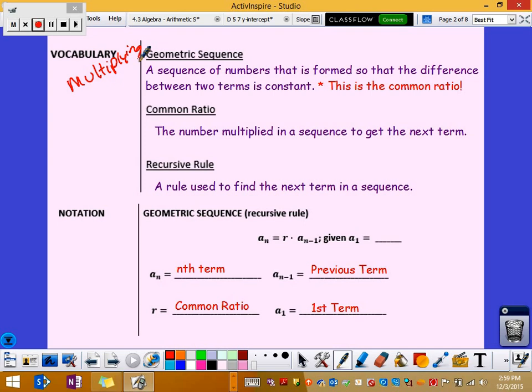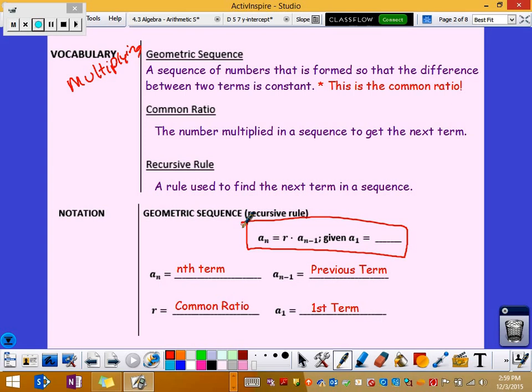So let's get down to the new notation for geometric sequences and the recursive rule. Here I've written in your notes what the recursive rule is. Just like the recursive rule in an arithmetic sequence, we are only able to find the next term.